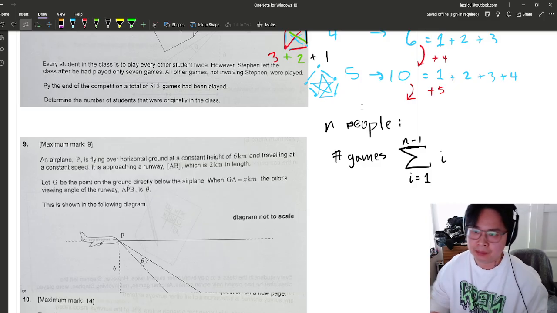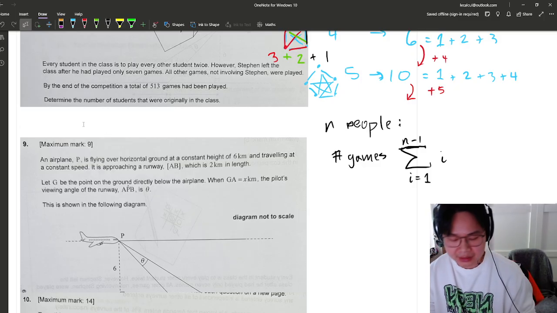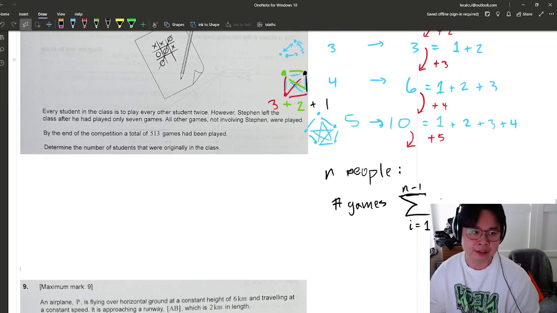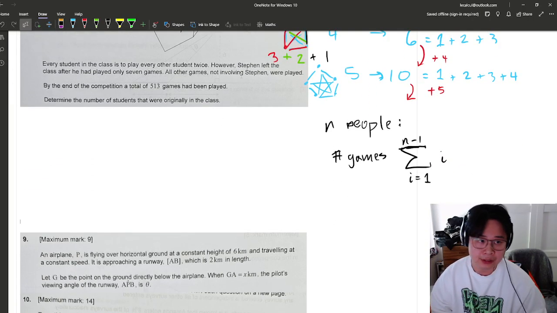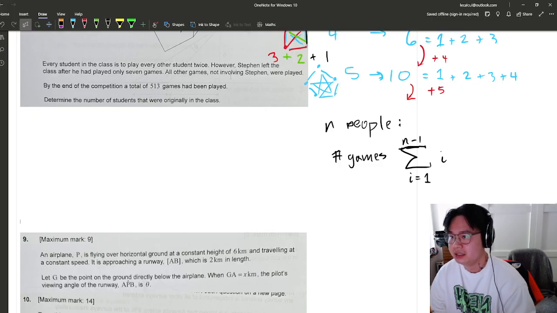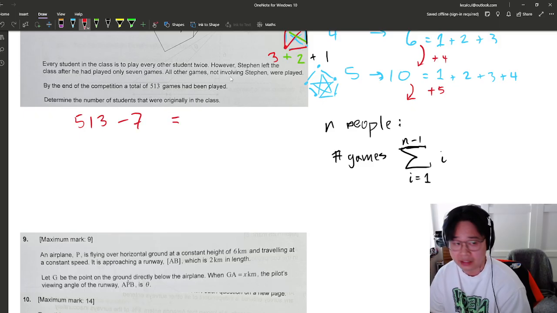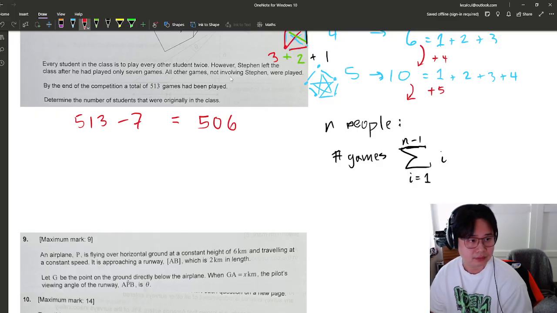Okay, so that's only if everyone plays everyone once, but in this situation, everyone's playing everyone twice, except for Stefan, who only played 7 games. So if we take away the 7 from the 513, what is this, 506?